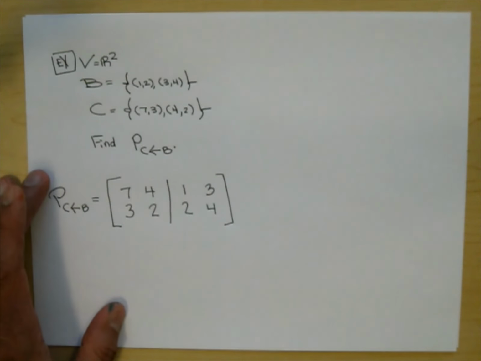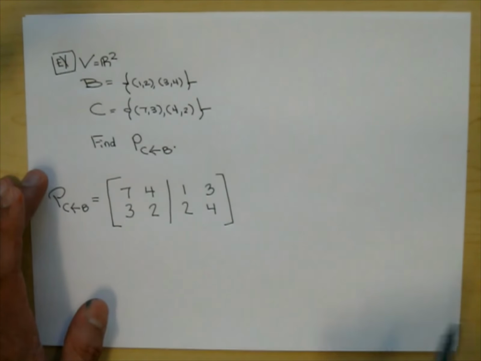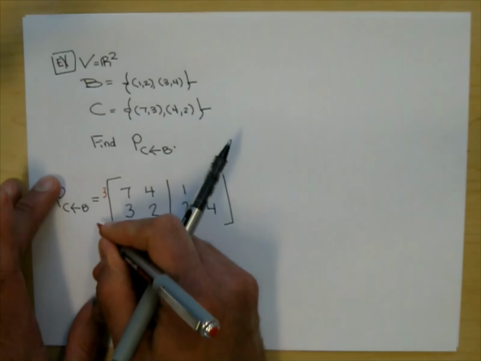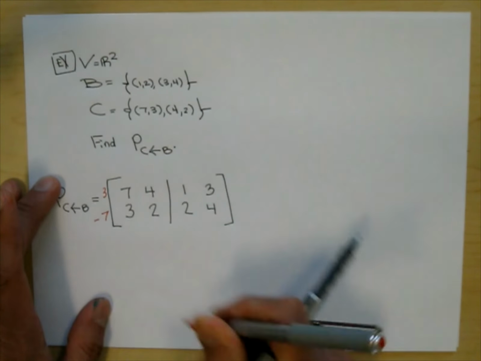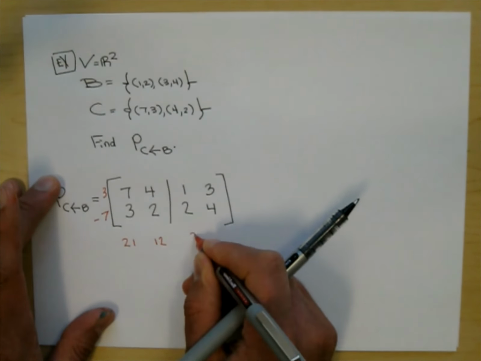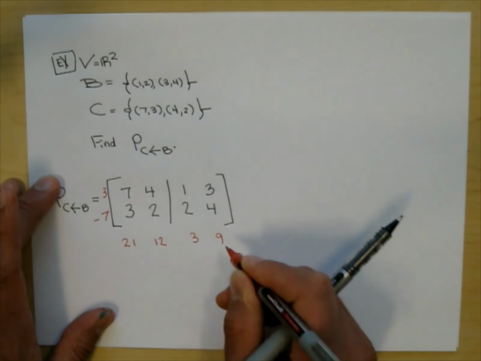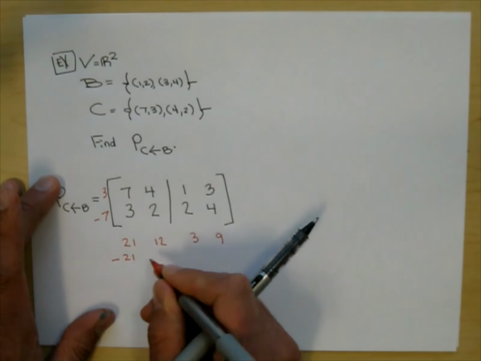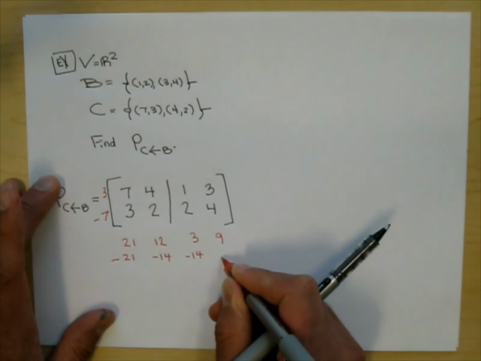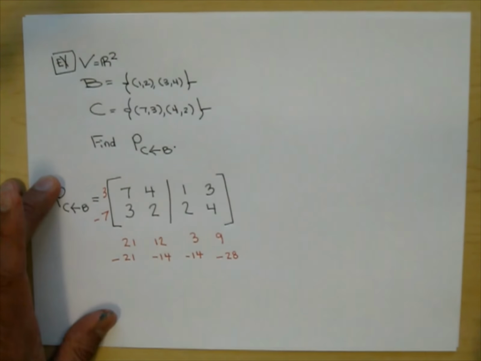So how am I going to do this? I'm going to go ahead and multiply. I will actually work out the work here. Multiply the first row by 3 and the second row by -7. So this gives me 21, 12, 3, 9. The bottom row is -21, -14, -14, and -28.